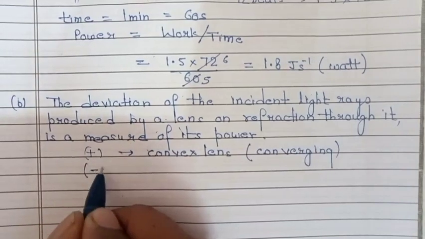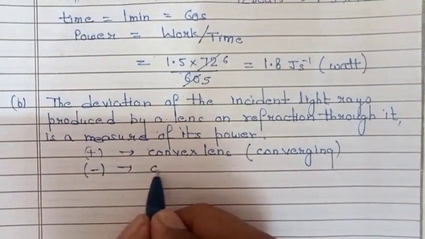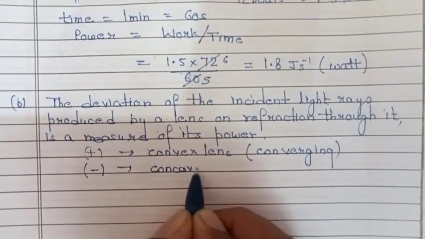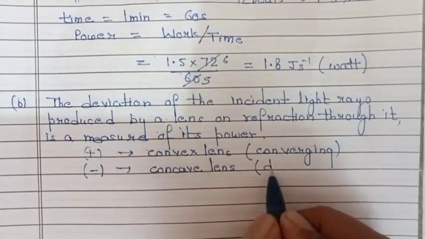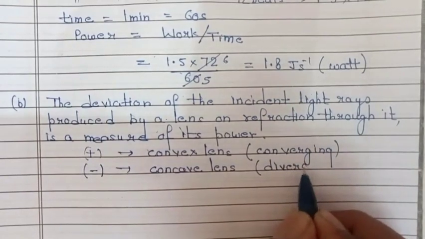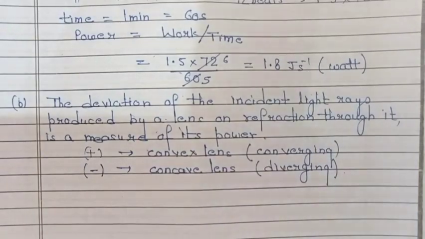If a lens gets minus power, then be sure it is a concave lens, and concave lens is diverging in nature. So this is how plus and minus sign will tell you about the converging or diverging nature of the lens.